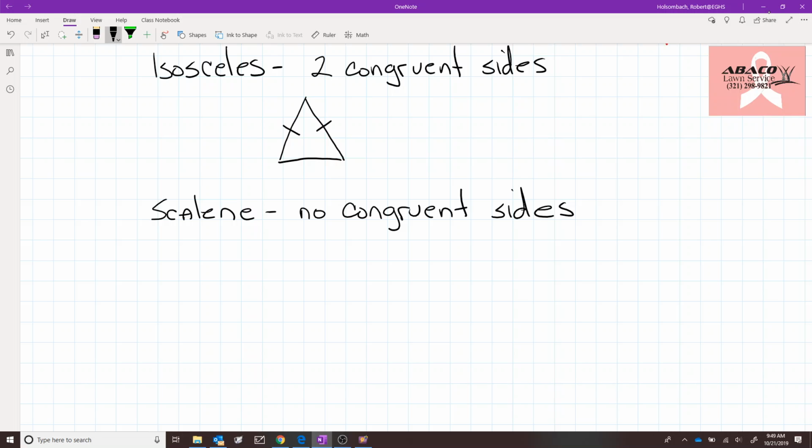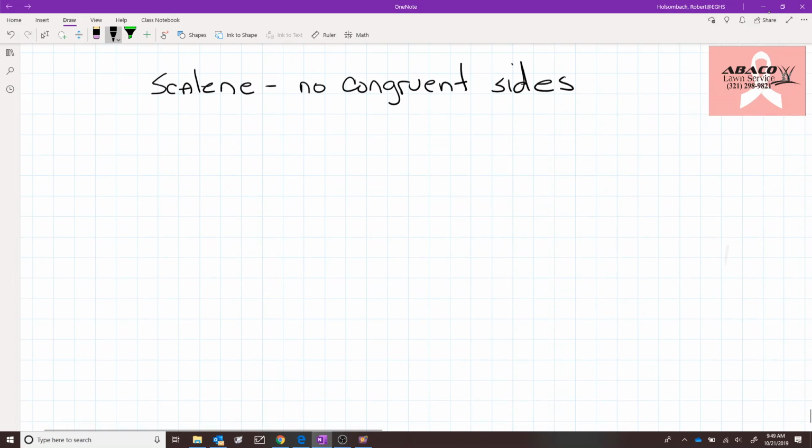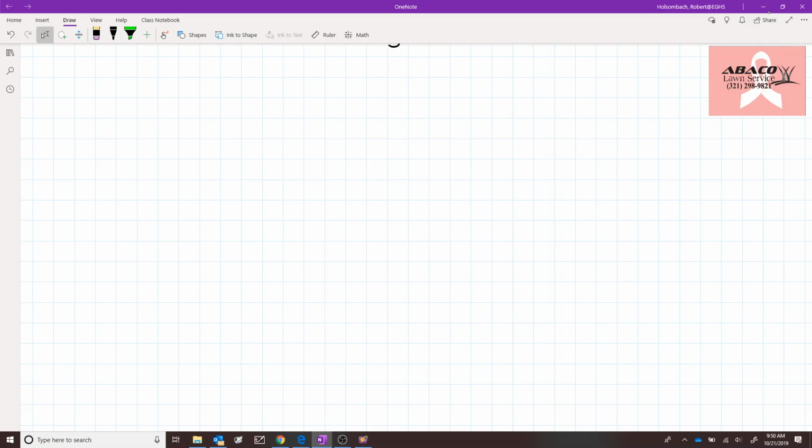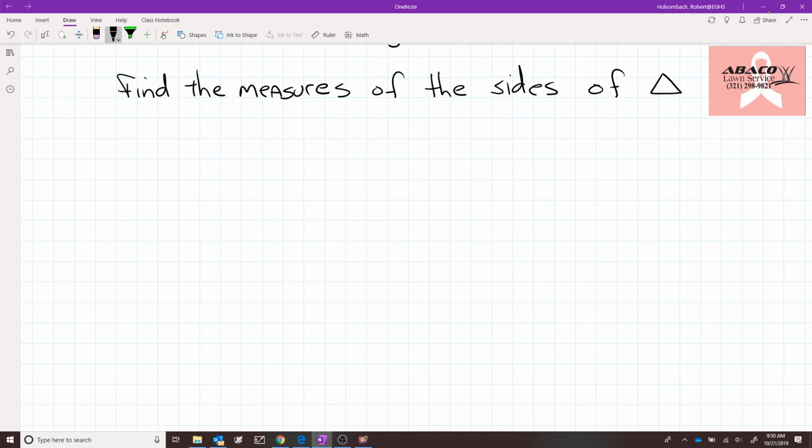Okay, do a couple examples. Page 239, look at example 5. And that first example, find the measures of the sides of isosceles triangle ABC.